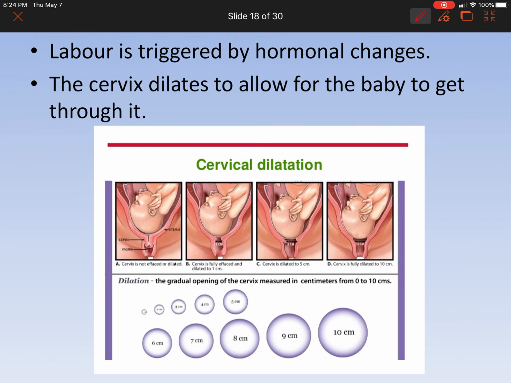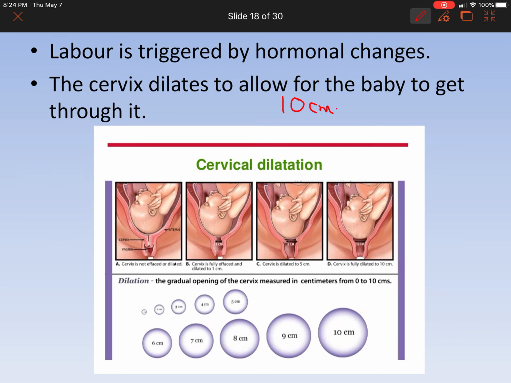So labor is triggered by hormonal changes. So basically the woman's body starts producing hormones that cause things to start happening. So the cervix is going to dilate. Again, you always hear this in TV shows and movies, and right now you probably know, right at the top of your head, it has to get to 10 centimeters.